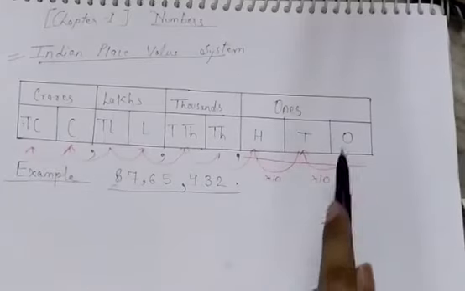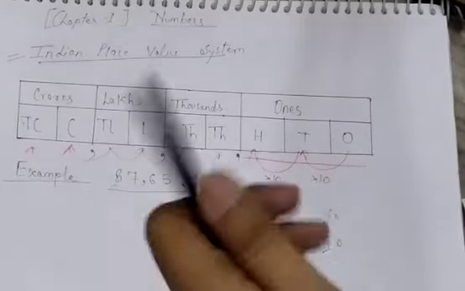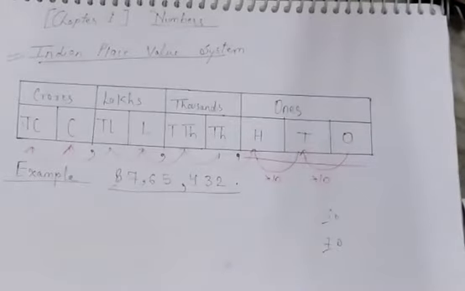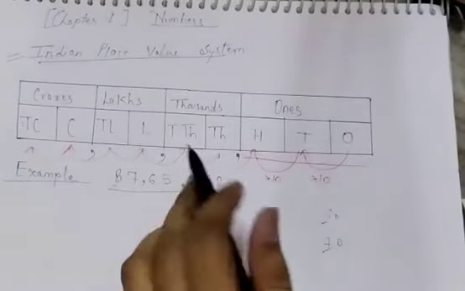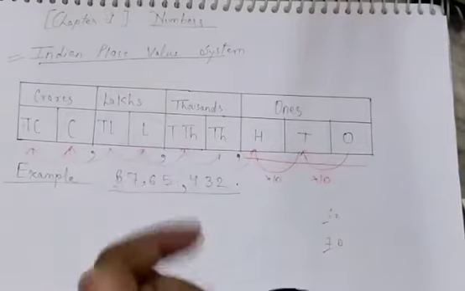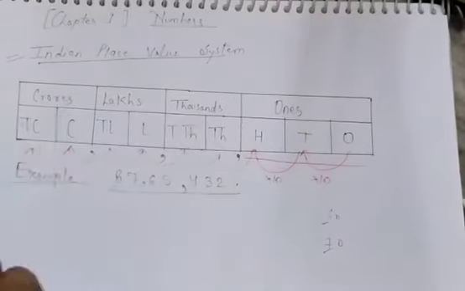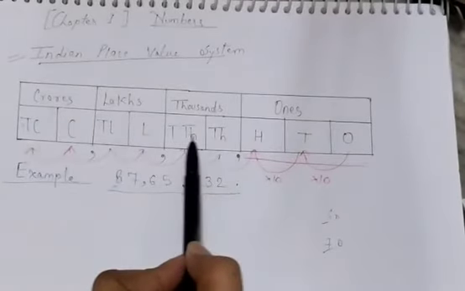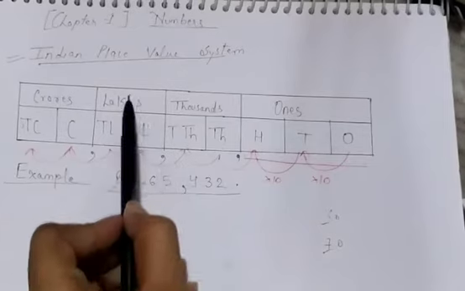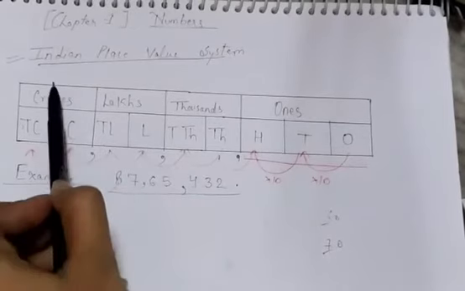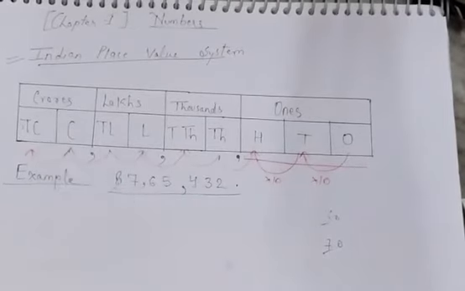From the last, the first three digits are ones, tens, hundreds, then you put a comma. Then before every two digits you need to put commas, because there are two digits in each section: thousands, that is 1,000 and 10,000, then comma; lakhs, that is lakhs and 10 lakhs, then comma; then crores and 10 crores. Like this we need to put commas over here.